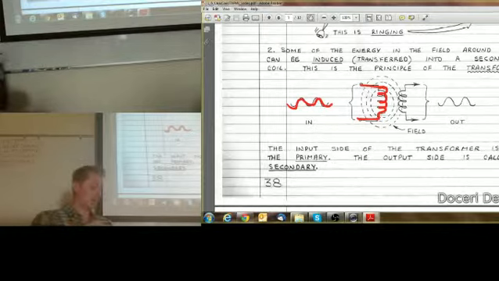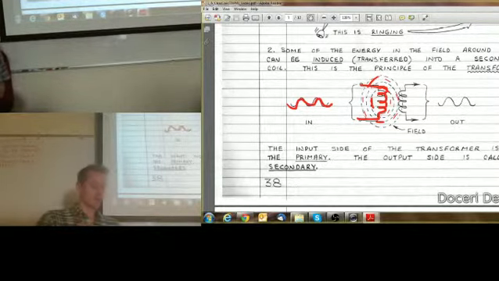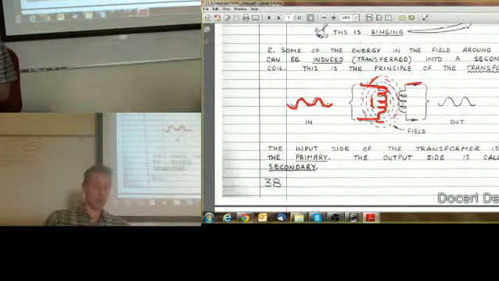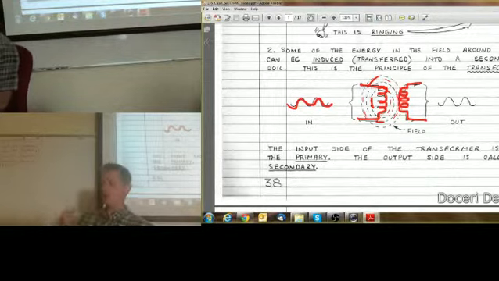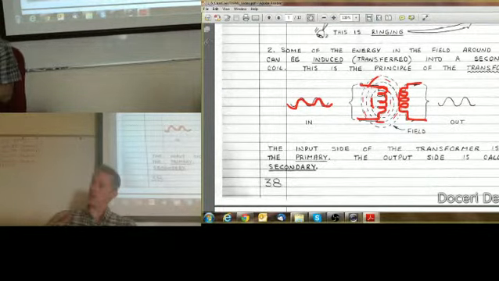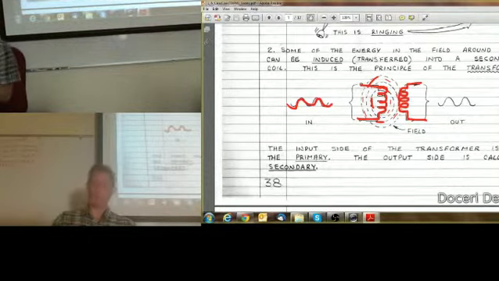Now we're going to have a magnetic field that's continuously changing from large to small. So if we put another coil close to that magnetic field, so that those magnetic field lines cut the lines of magnetic force, then according to Faraday's law, we can induce a voltage in that second coil, and we can get a voltage out.